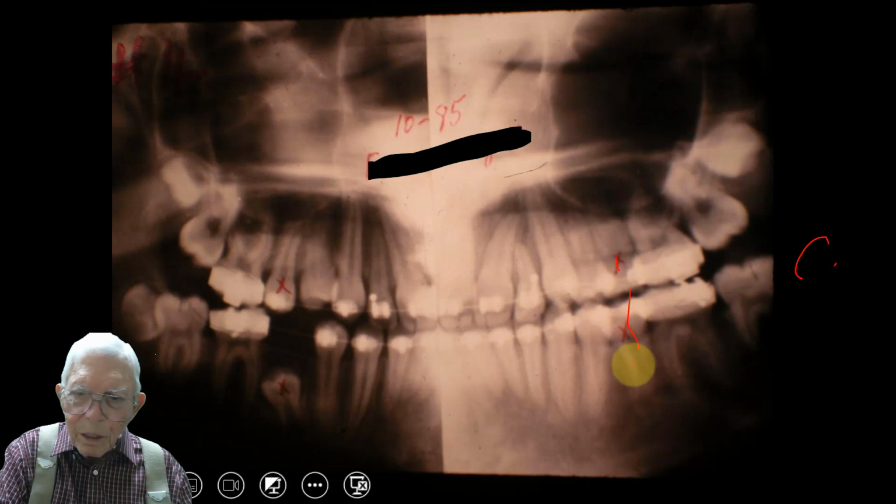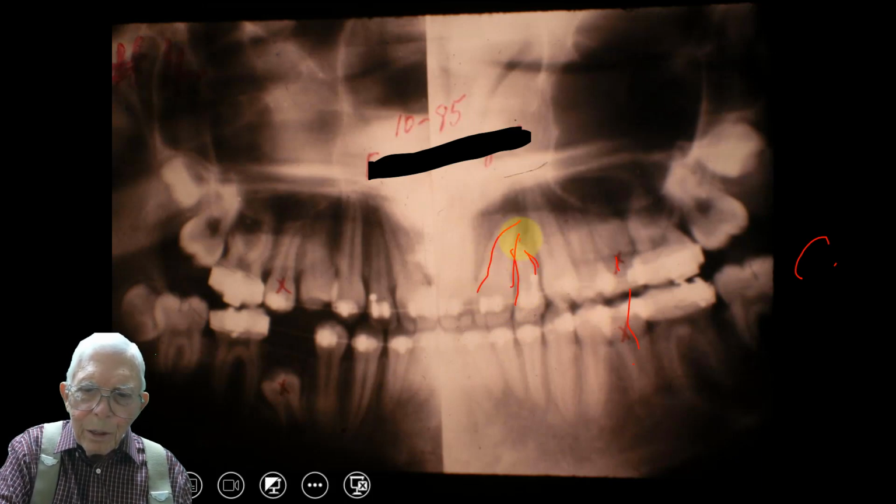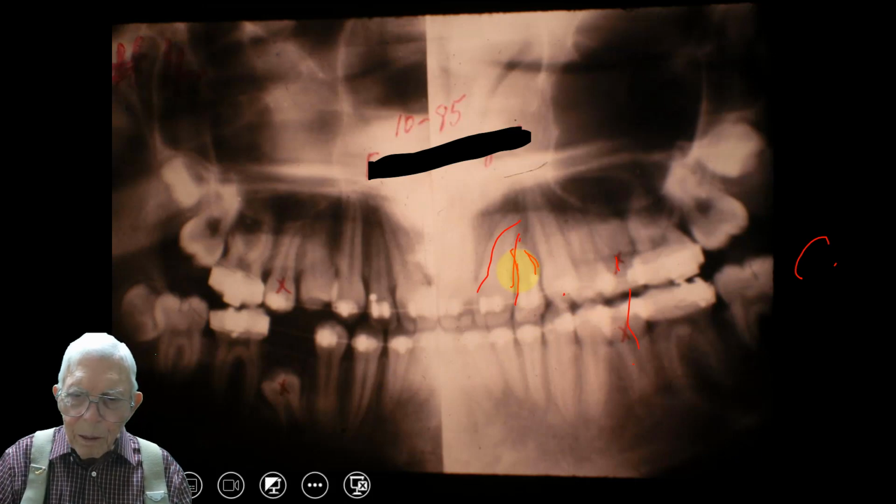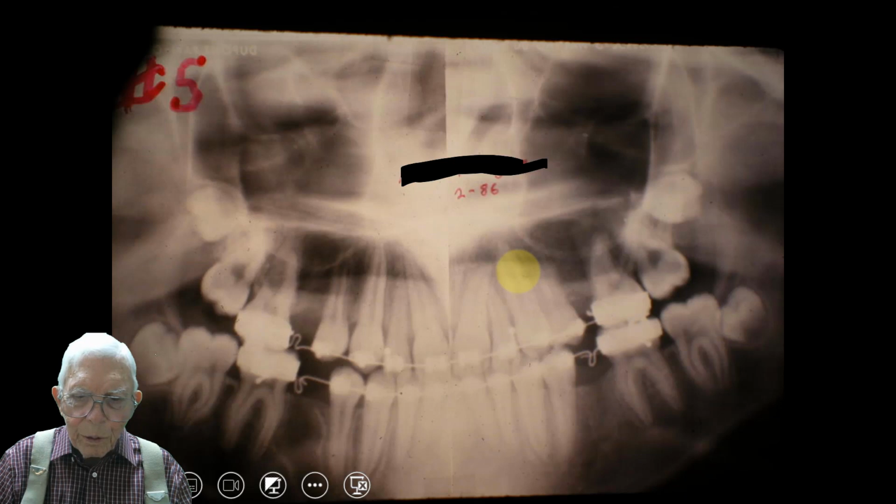Now see this lateral that was curved in here, and this cuspid had a crooked root where this central, where the cuspid was erupting in there. This cuspid was over in between here.